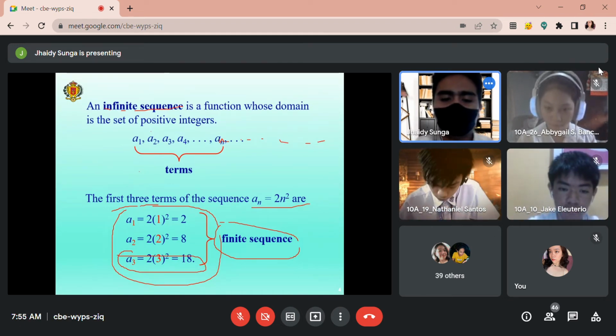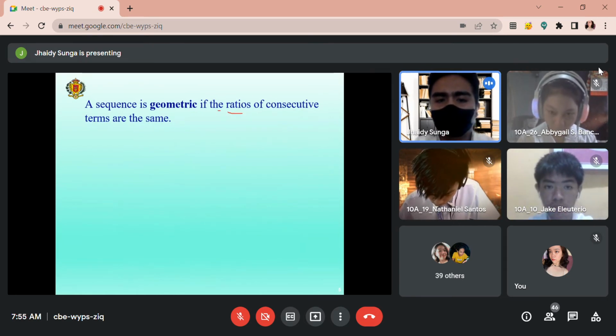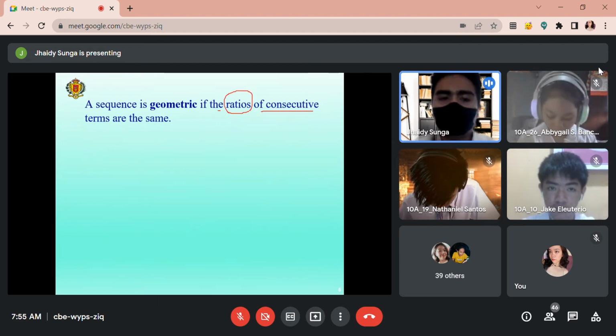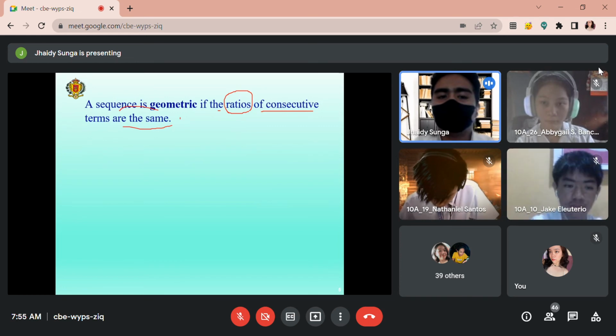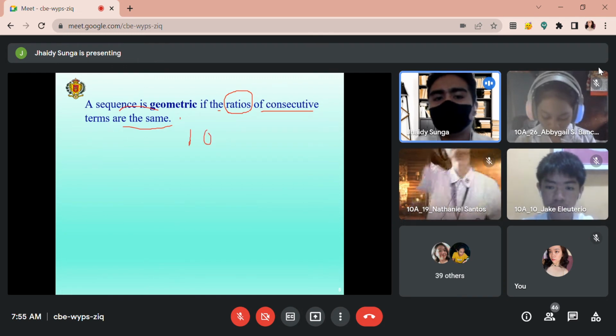Alright, so we're done. A sequence is geometric if the ratios of consecutive terms are the same.